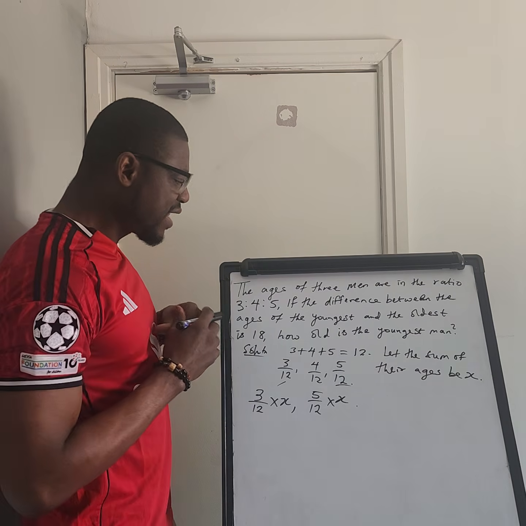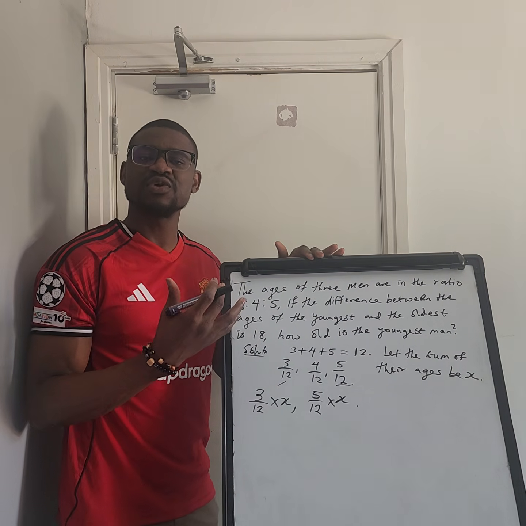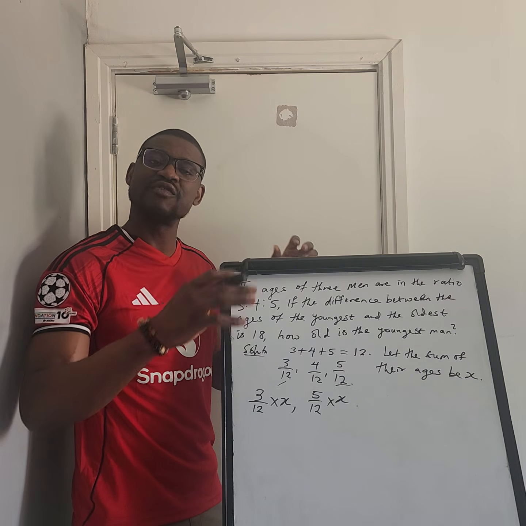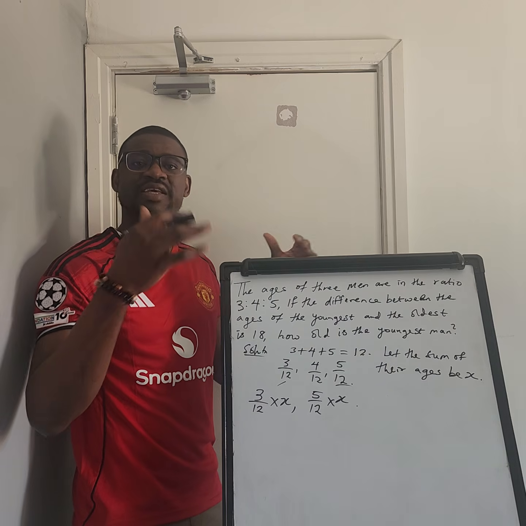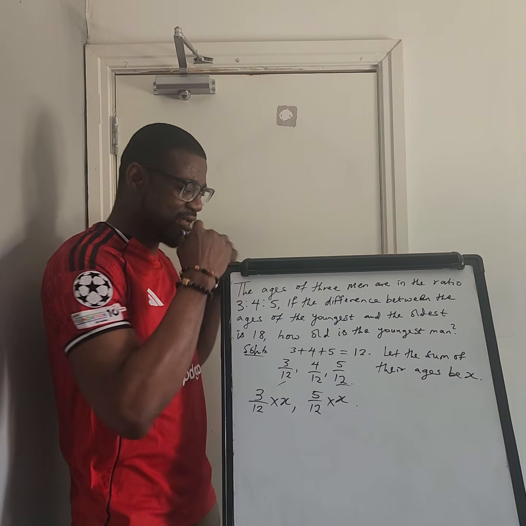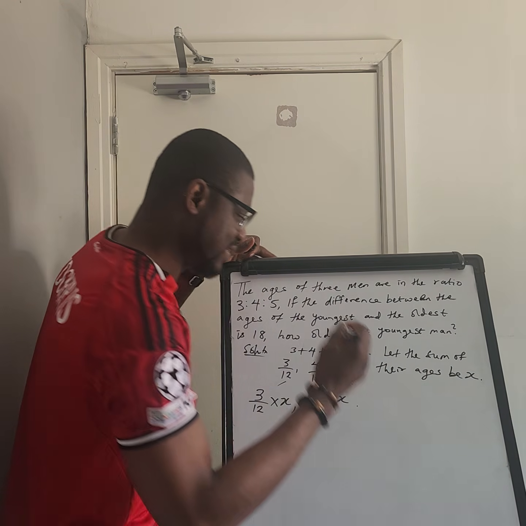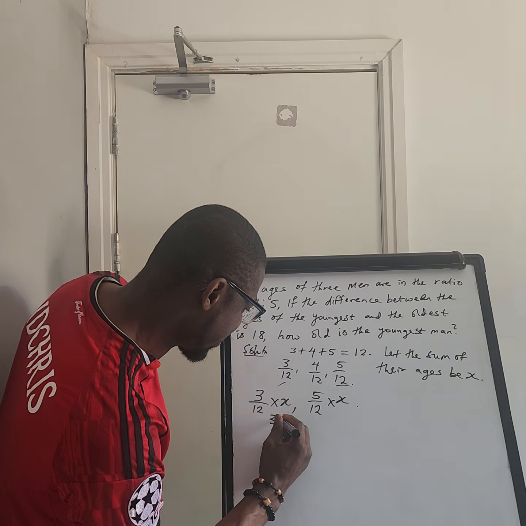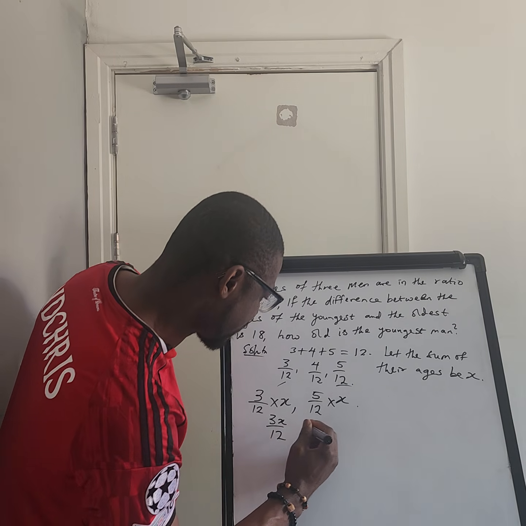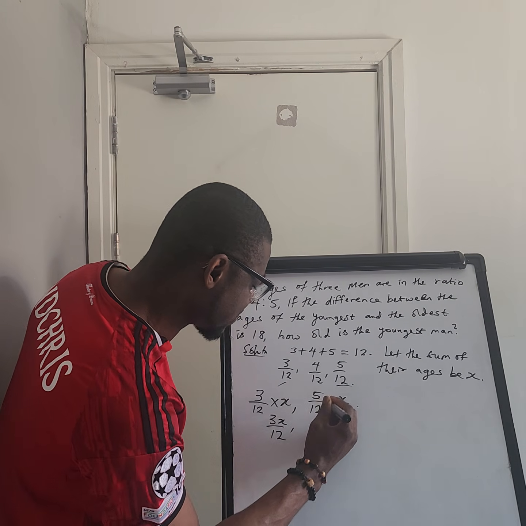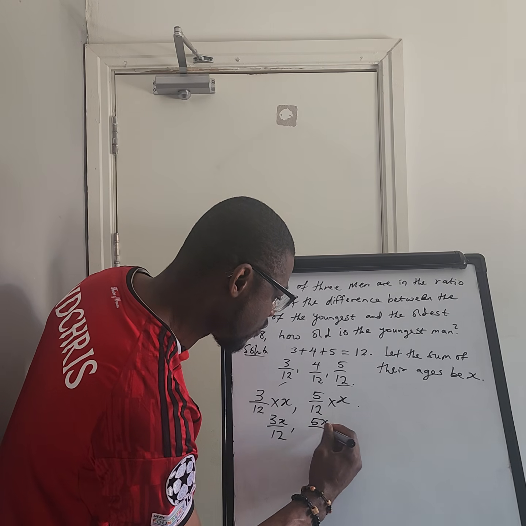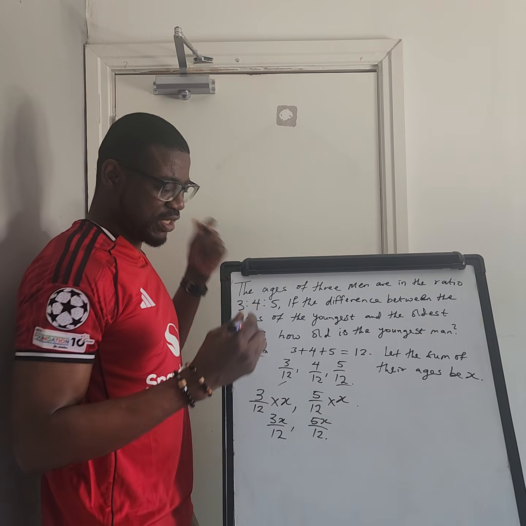But then a clue was given to us. The difference between the ages of the youngest and the oldest is 18. So if I express this further, this will give me 3x all over 12, and then this will give me 5x all over 12.